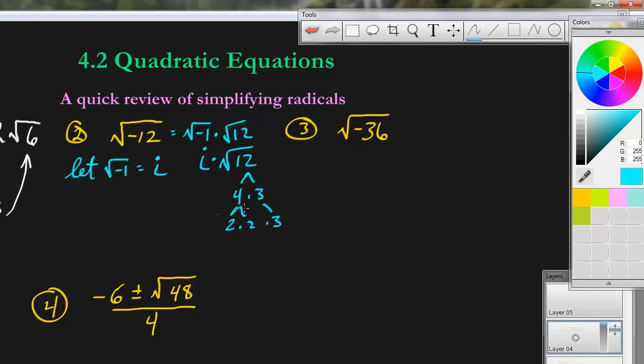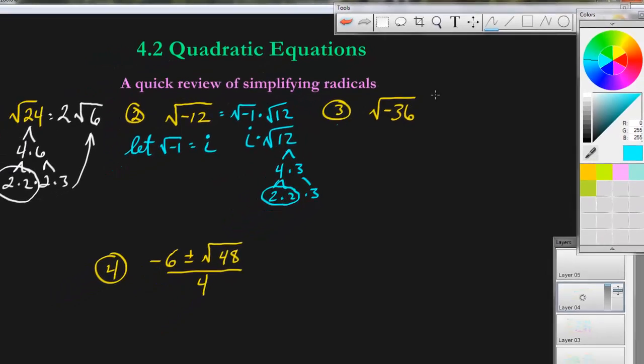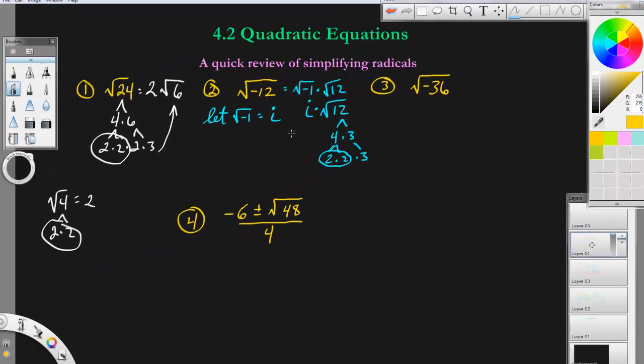I always like to bring all the branches all the way down. That way I have like a flat step here. And then I circle pairs. So a 2 will come out, and the i is still out in front. So this is going to become 2i radical 3.